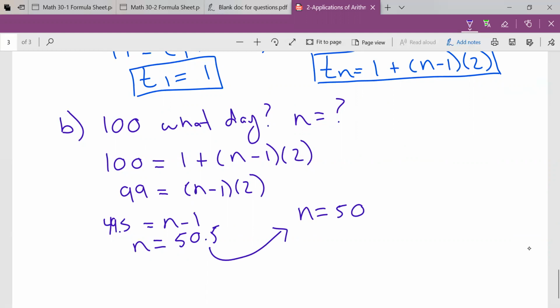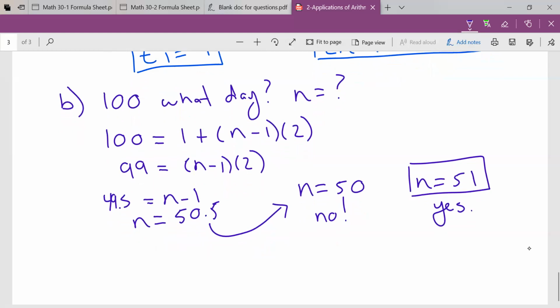No, she would be under. She wouldn't meet her goal. If I round it up to 51, will she have met her goal? Yes. So I used logic to think about which way I should round this. That's an important little step. We're going to have to do that in 30-1 as well. So it looks like it's going to be on day 51 for her.